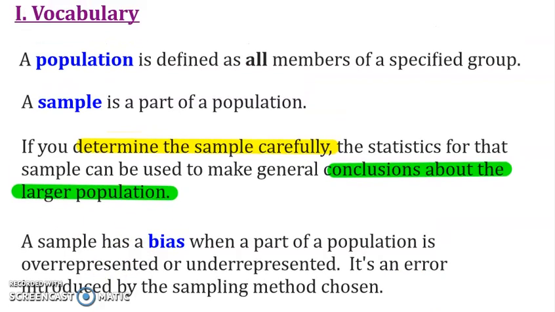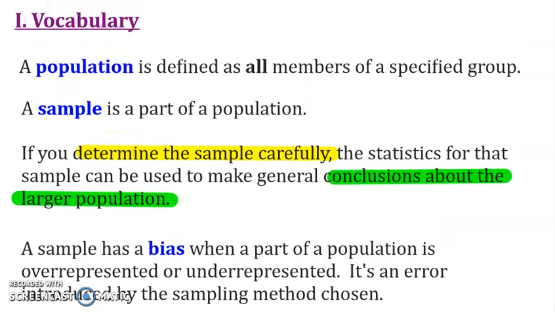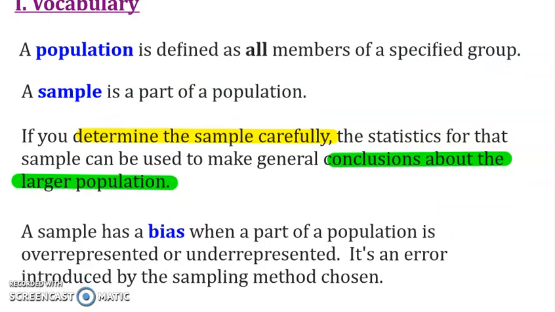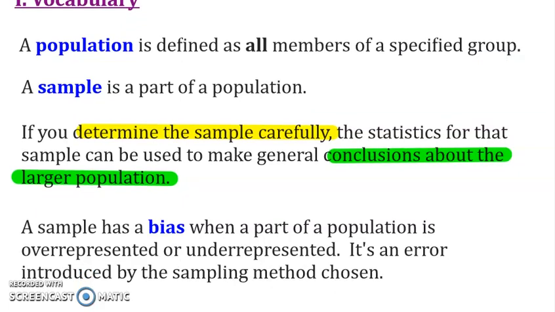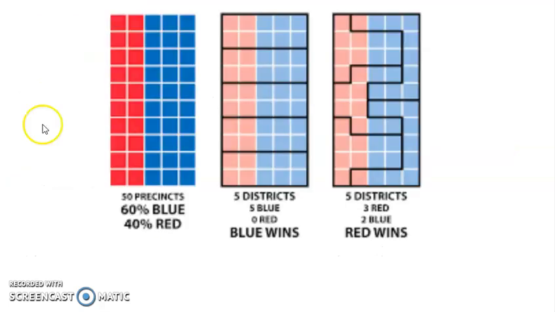With regards to sampling, we actually see this all the time. And those of you who have taken government might recognize a term called gerrymandering, in which people can draw up borders. So on the next page, I'm going to show you how a population can be divvied up into certain samples that could provide bias one way or the other.